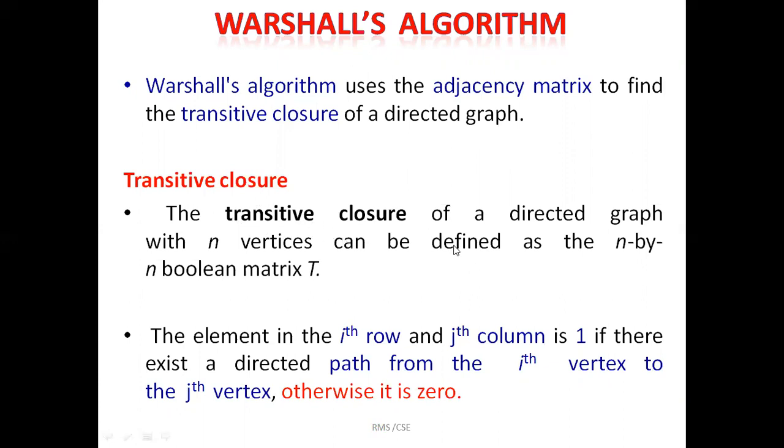Transitive closure is also an n by n Boolean matrix, where the element in the ith row and jth column becomes 1 if there exists a path, not just an edge, from the ith vertex to the jth vertex. Otherwise it remains 0.